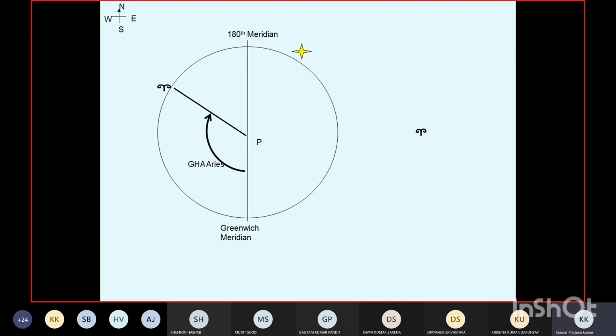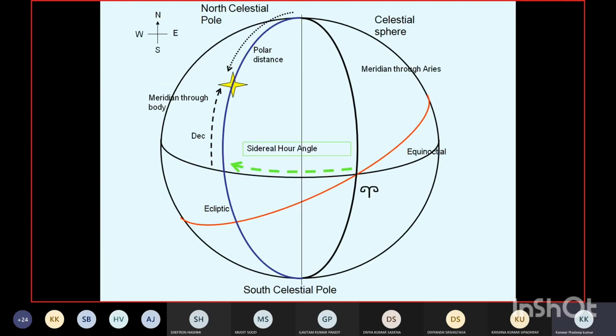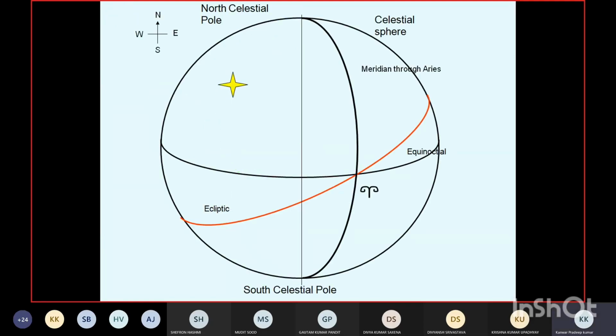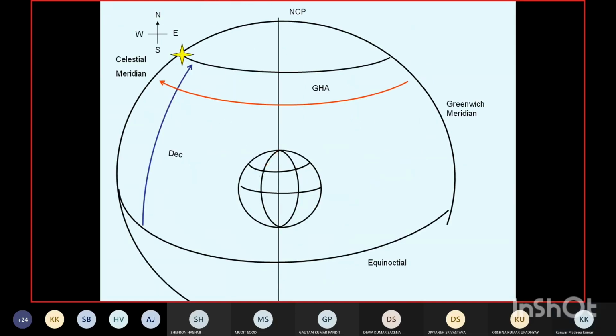Earlier, the GHA we had seen, sidereal hour angle, we were seeing from the side. Now we are seeing from the top of the NCP.